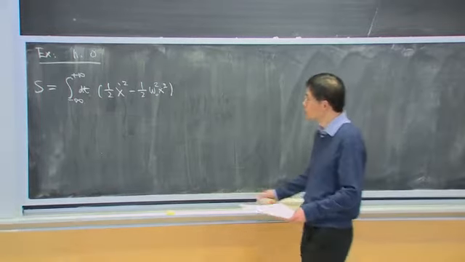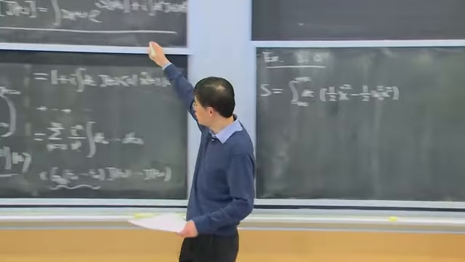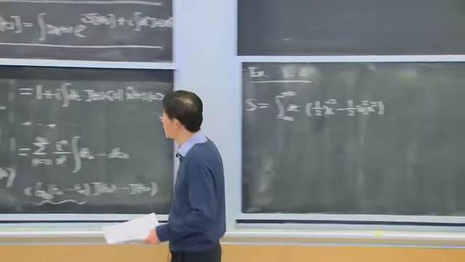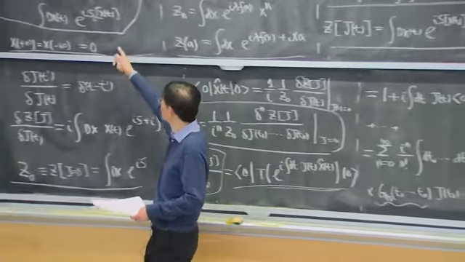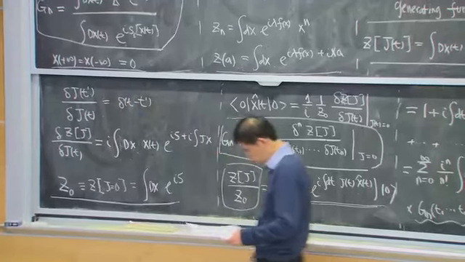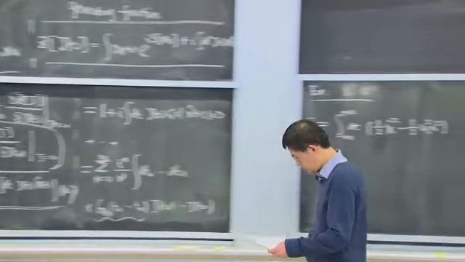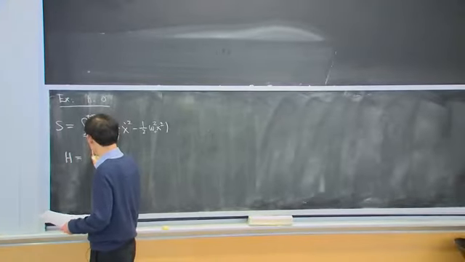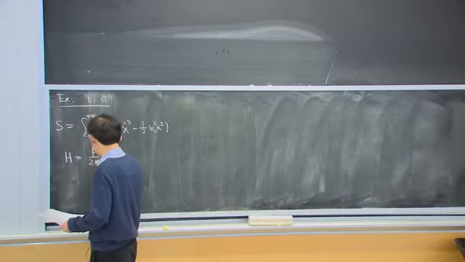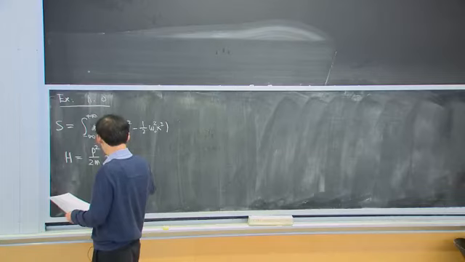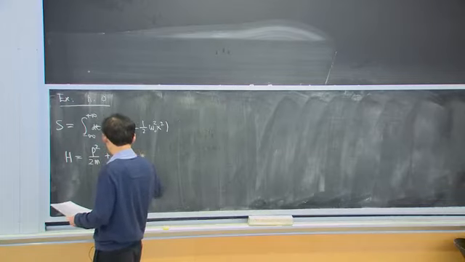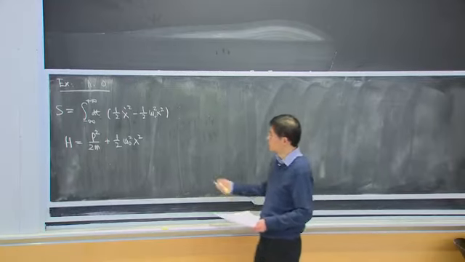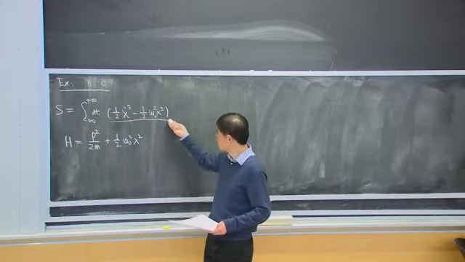Good. So now, to compute this object, we need to first understand what this S epsilon is. Remember, for the harmonic oscillator, the Hamiltonian is p squared divided by 2m plus 1/2 omega 0 squared x squared. Here is the Lagrangian, and this is the Hamiltonian.